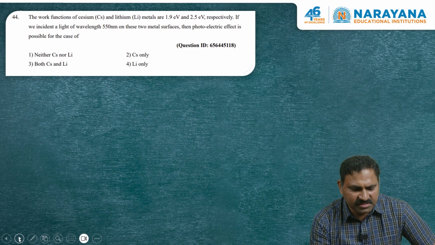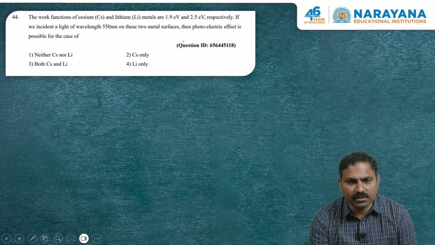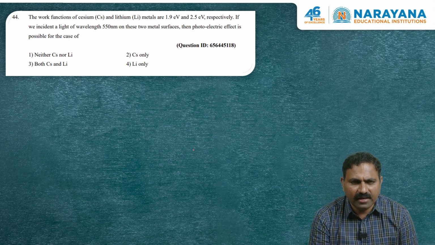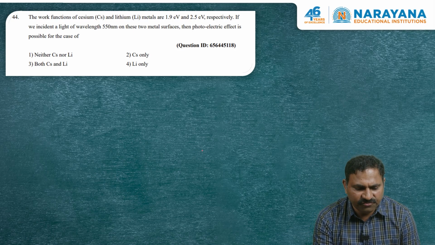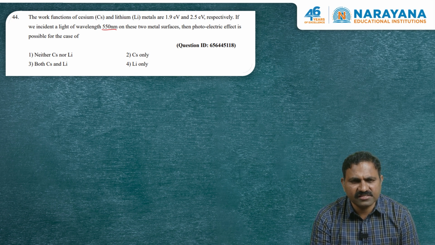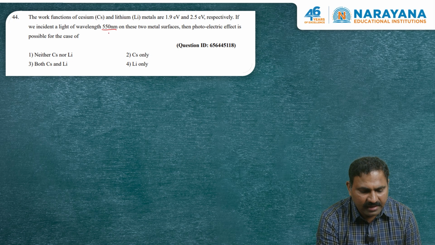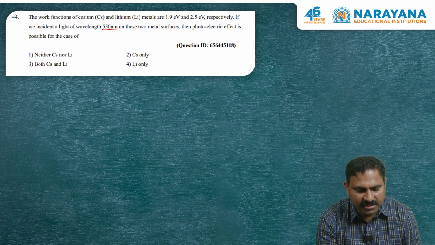The work functions of cesium and lithium metals are 1.9 electron volt and 2.5 electron volt respectively. If we incident a light of wavelength 550 nanometer on these two metal surfaces, then photoelectric effect is possible for the case of. Let us find the energy of incident photon. Energy of incident photon is hc by lambda.